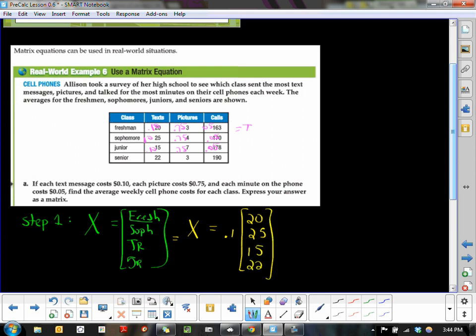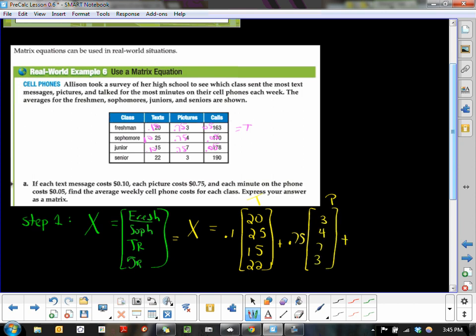I want to add that to my second cost, which is 75 cents for every picture. So now I've got to take 75 cents times 3, 4, 7, 3.